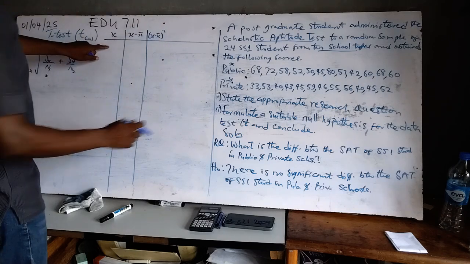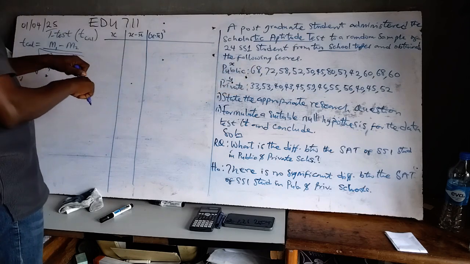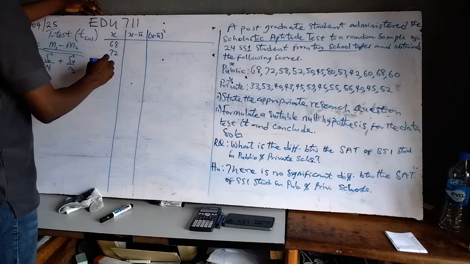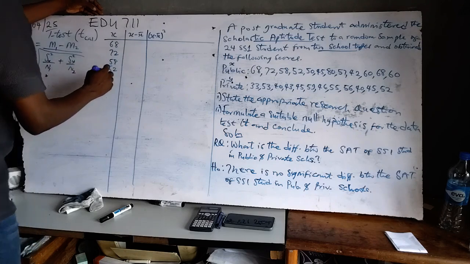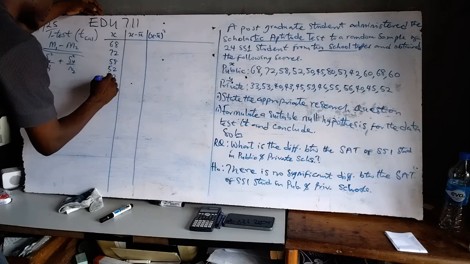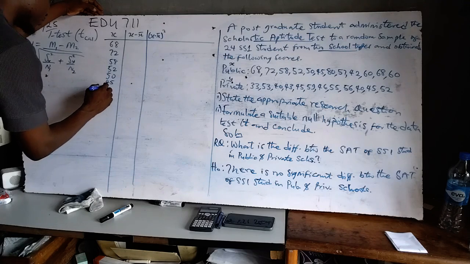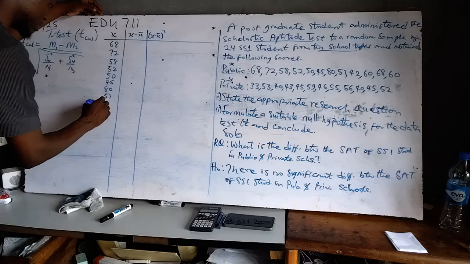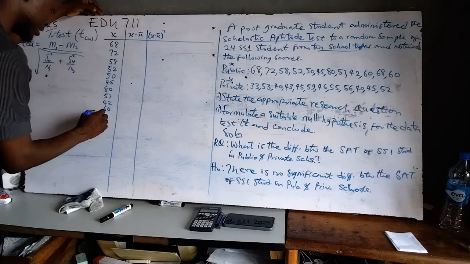So our x, we need to arrange this in vertical order. So 62, 68, 72, 58, 52, 50, 45, 80, 57, 42, 60, 68, 60.